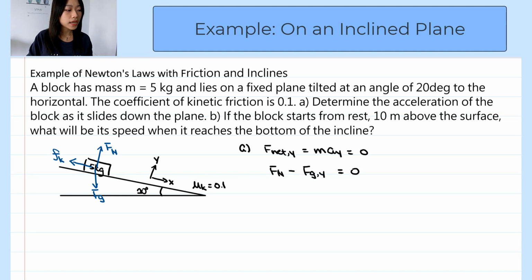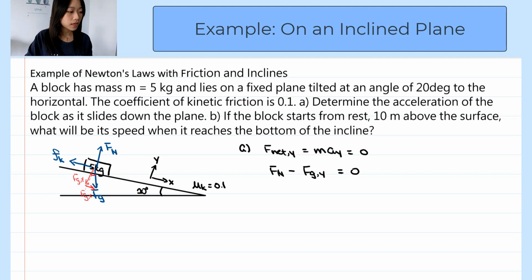Now let's find the y component of the gravity force in terms of the angle and the magnitude of the gravity force. If we project the gravity force onto the x and y axes, this is Fg in y, and this is Fg in x.